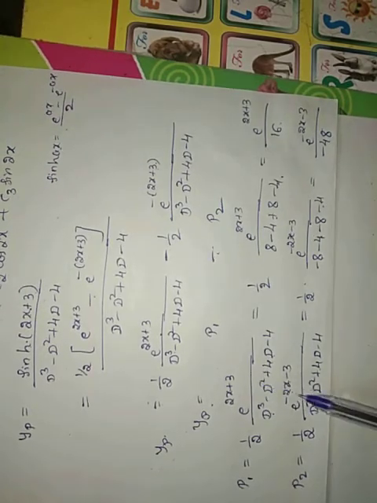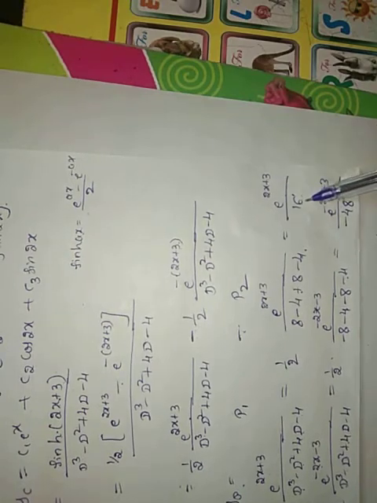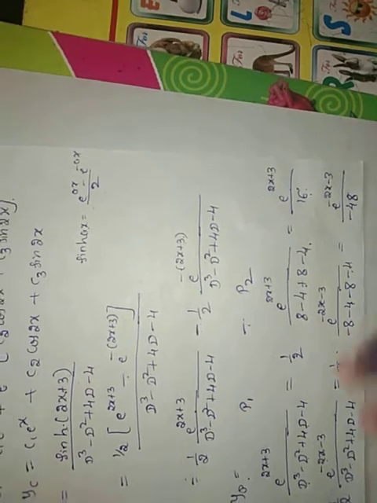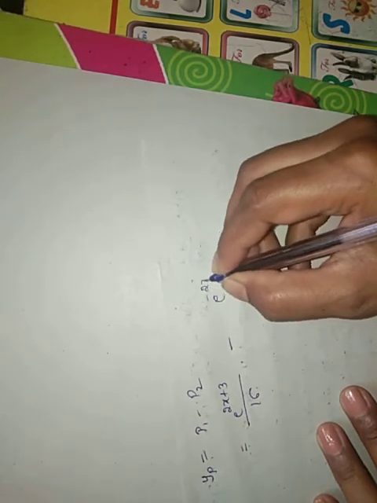Now substitute both P1 and P2 in the YP. So now YP is equal to P1 minus P2. P1 is equal to e raised to 2x plus 3 divided by 16. P2 is equal to e raised to minus 2x minus 3 divided by minus 48. So it is e raised to 2x plus 3 divided by 16 minus e raised to minus 2x minus 3 divided by minus 48.